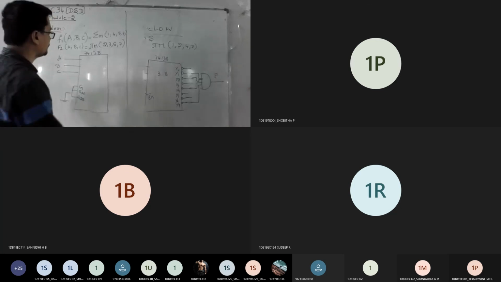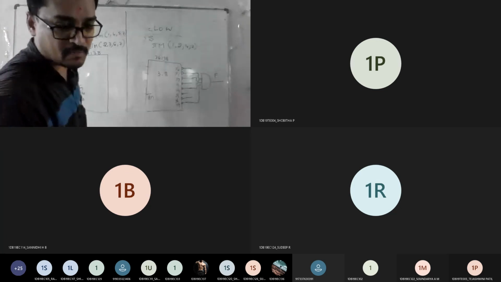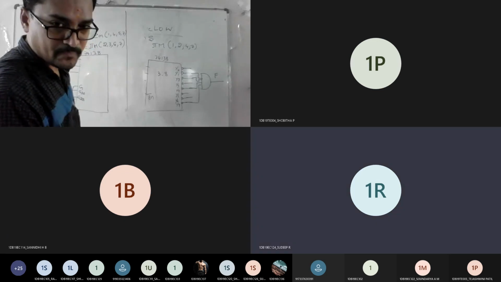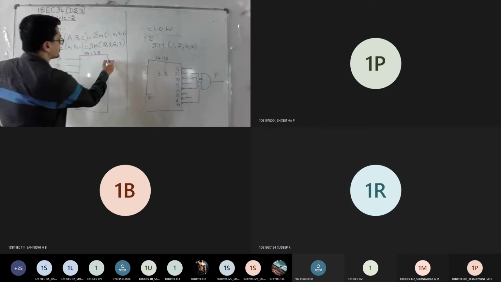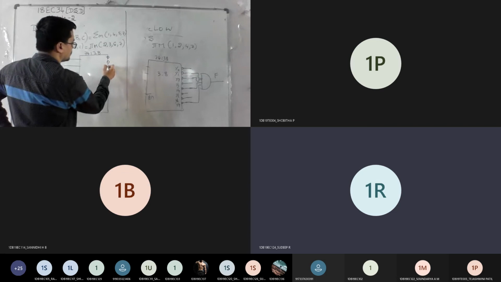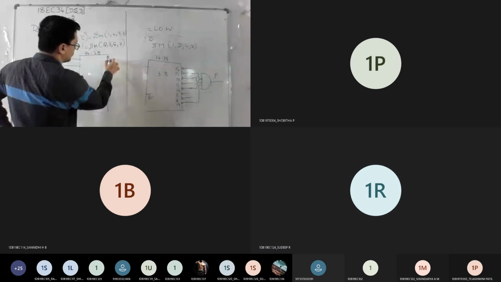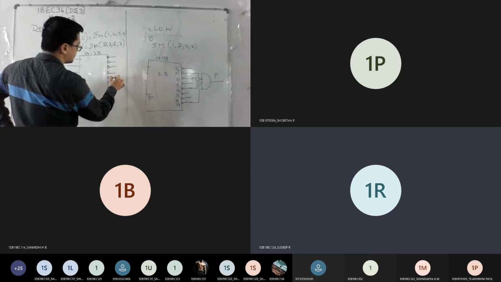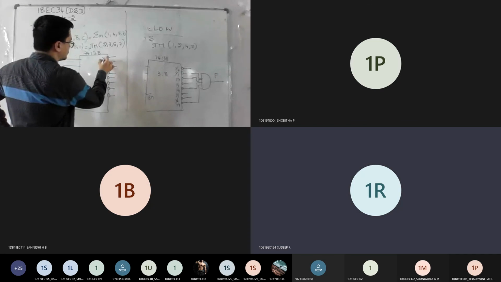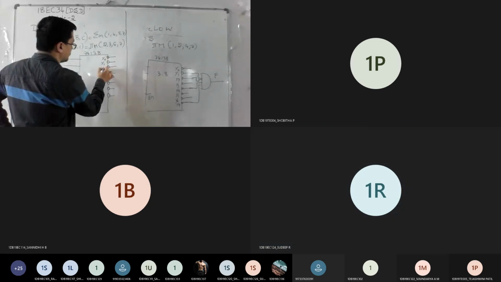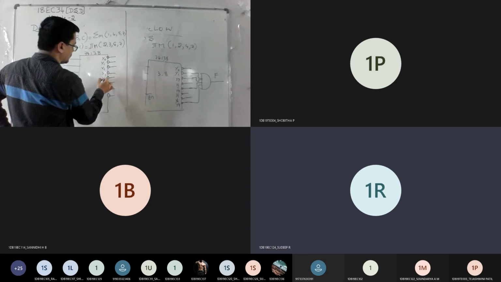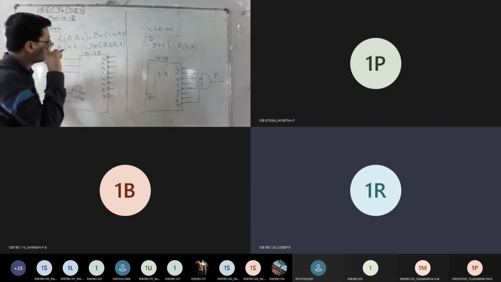Then how many outputs do you have? Do you want outputs bubbled or not bubbled? Bubbled, good. So there should be 1, 2, 3, 4, 5, 6, 7, 8. Just mark them like this, designated 0 to 7.